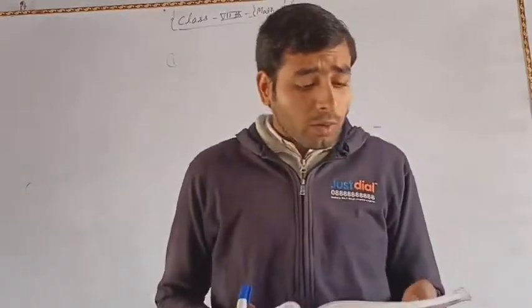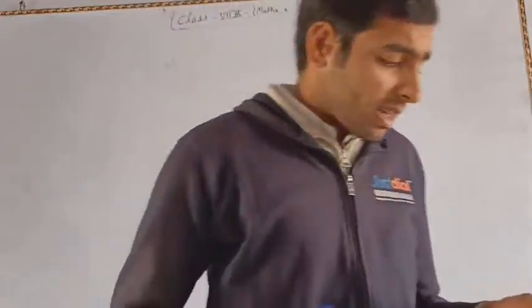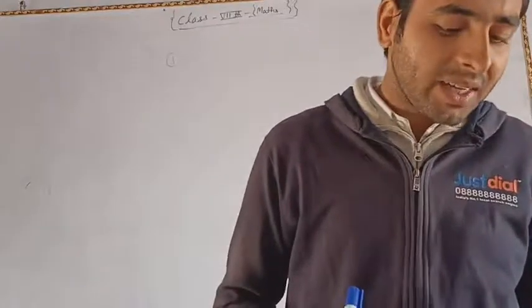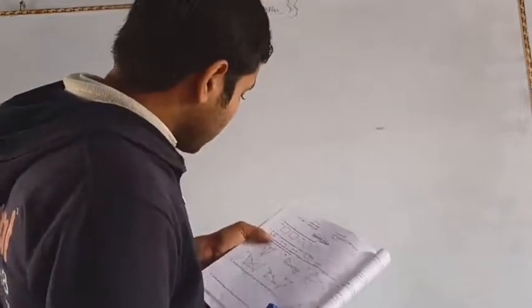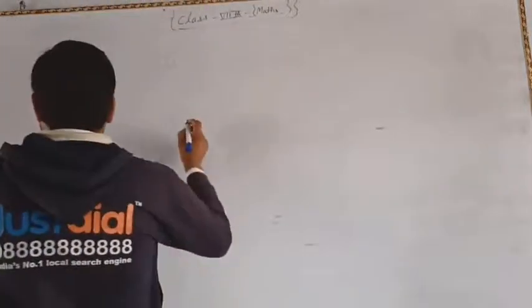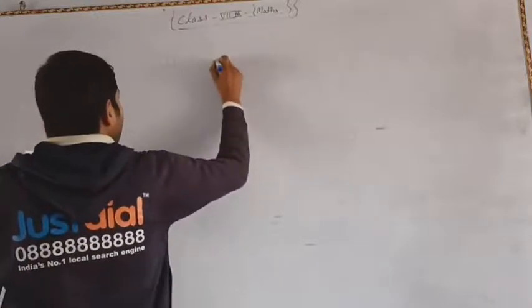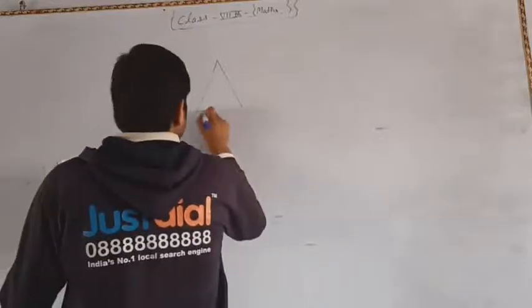Again problem number 2, given that if triangle ABC is congruent to triangle PQR, then which part of triangle ABC is congruent to? So first of all you have to make triangle ABC, and also you have to draw triangle PQR.